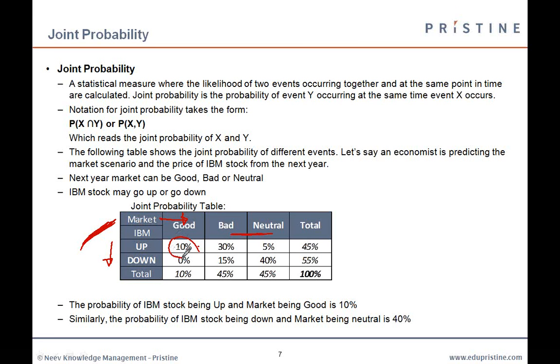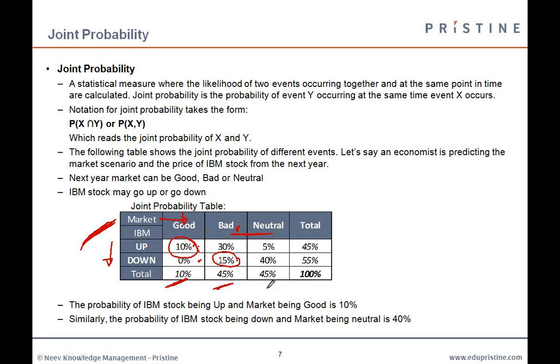So this intersection here, 10%, is nothing but the joint probability of the market being good tomorrow and the IBM stock being up tomorrow. This 15% is again a joint probability of the market being bad tomorrow and the IBM stock going down tomorrow. Okay. So these intersections are your joint probabilities.